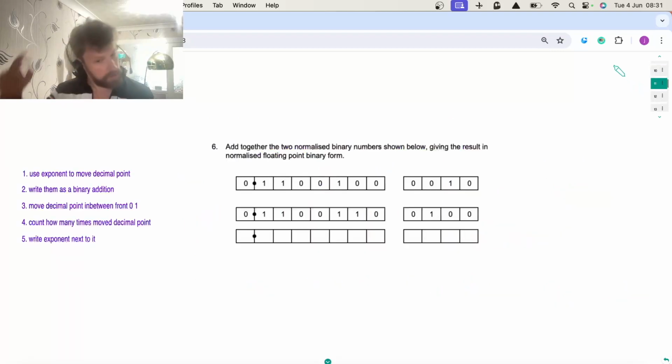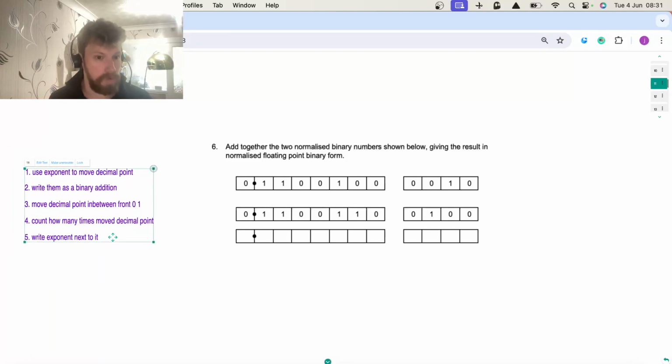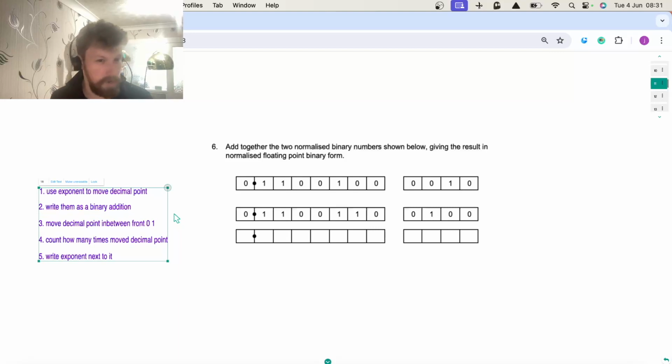Okay, so the last little part of this is being able to add 2 binary numbers, floating point binary numbers together. I did write down some little instructions as well, just to help you out. There's kind of 5 stages, 6 when we've got to subtract them, because you've got to add them to be able to subtract them.